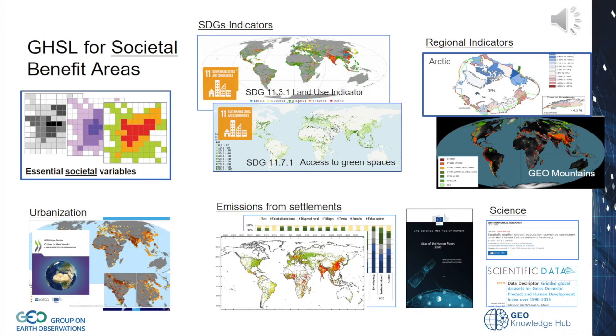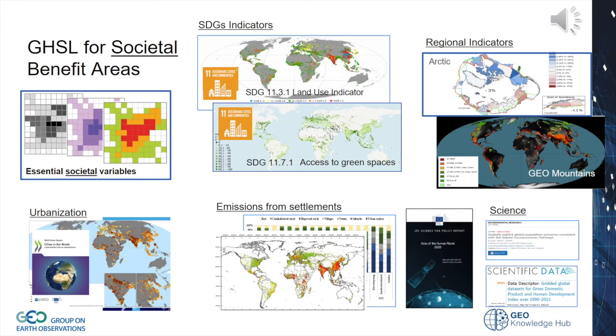The three settlement layers are part of the same lineage and are therefore consistent among each other. That consistency has a value in itself, and it is indispensable to compute, for example, the land use efficiency indicator for SDG 11 that requires all three types of information. The settlement layers are also referred to as essential societal variables, as they are used to address a number of societal benefit areas.